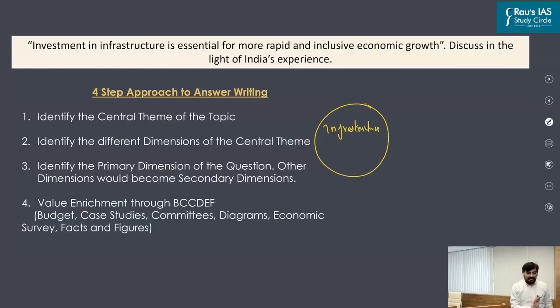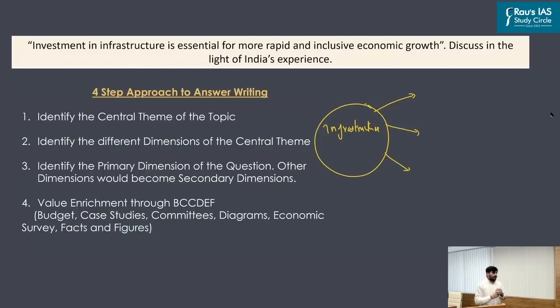Now with respect to this central theme, can you tell me 2 to 3 dimensions? What can be the 2 to 3 dimensions here? Need, benefits, constraints, challenges.